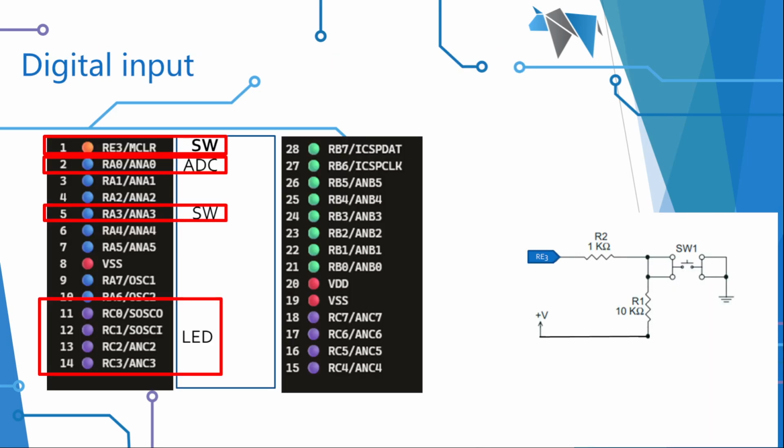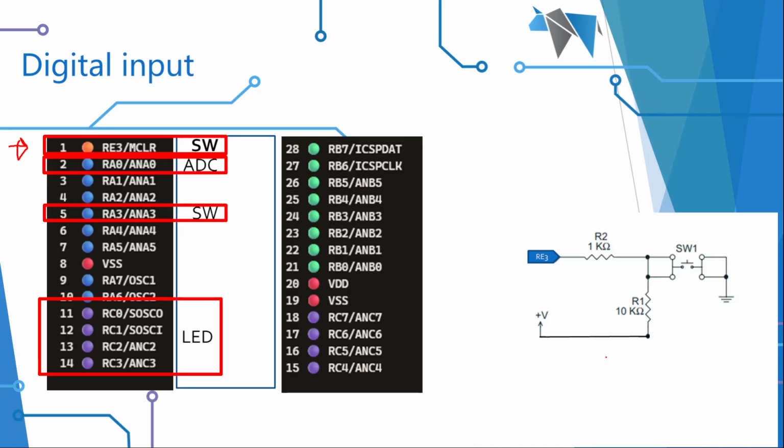So let's have a look at my little chip I've been working on. Here is my chip. I'll go pull up the pointer, the pen. It's here, top left-hand corner on this particular chip: RE3, MCLR, master clear. I put another switch on there, and that switch has a circuit very similar to the previous switch we connected to RA3.